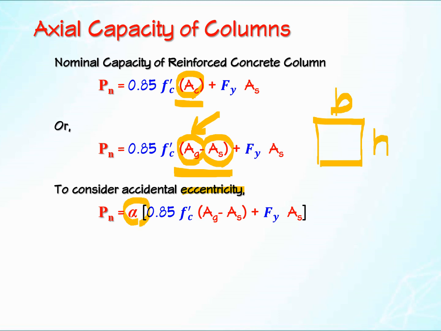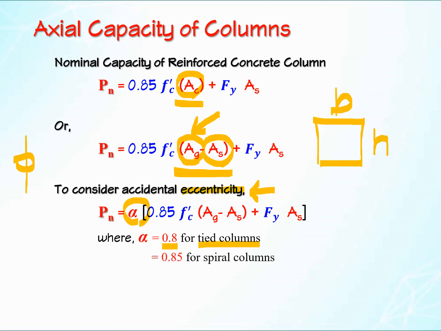Phi factor was strength reduction factor or resistance factor. Alpha factor is eccentricity factor. Okay, memorize it.